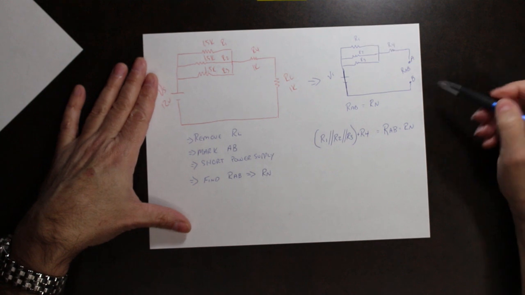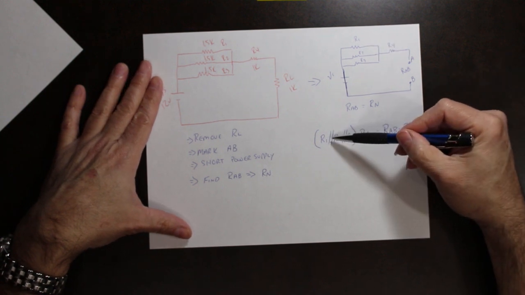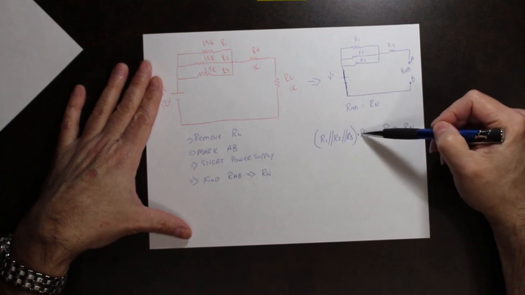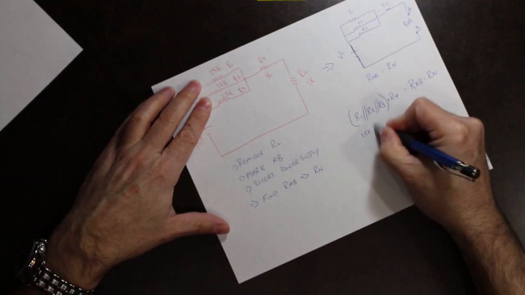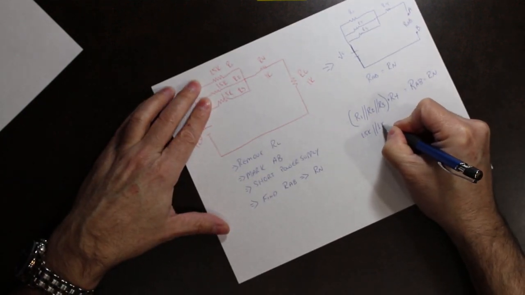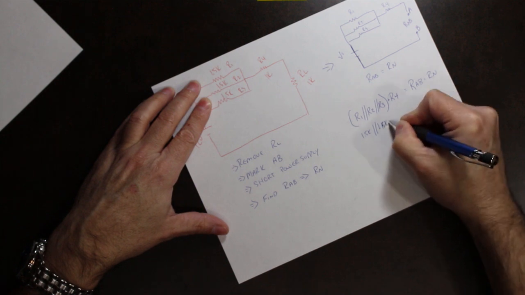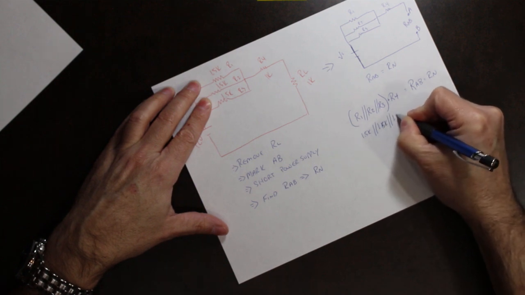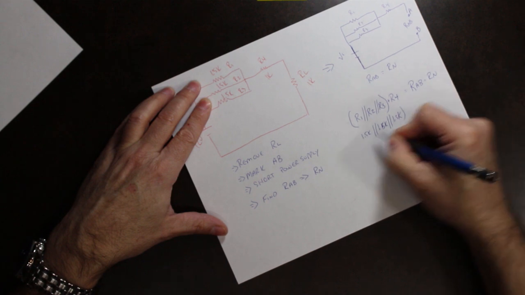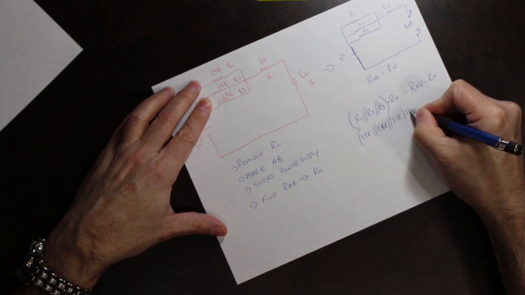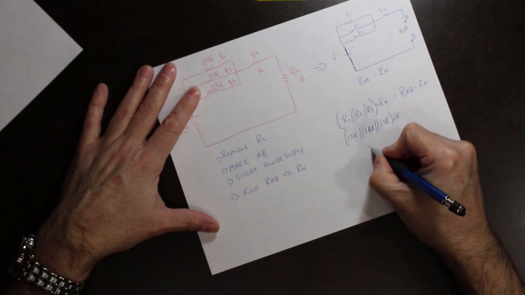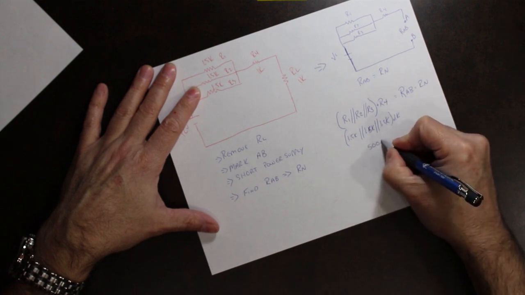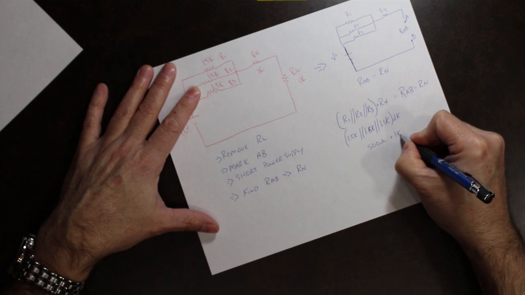We have these 3 in parallel plus this one. So that works out to be 1.5k in parallel with 1.5k in parallel with 1.5k, plus 1k. These three in parallel work out to be 500 ohms plus 1k.